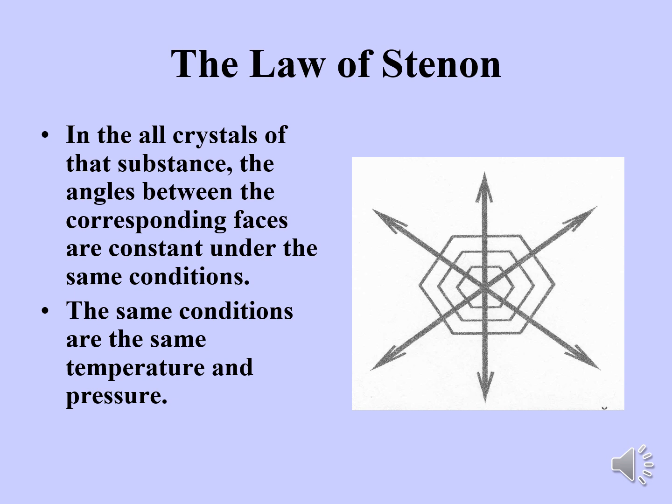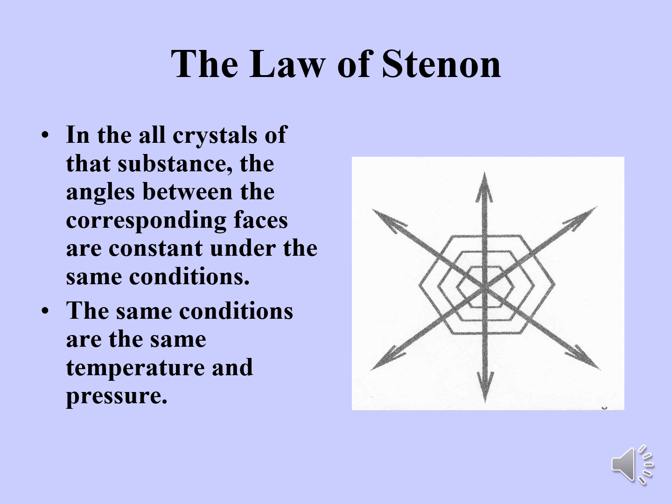Now I want to say some words about a very important law of crystallography, Steno's law. In all crystals of the same substance, the angles between the corresponding faces are constant under the same conditions.